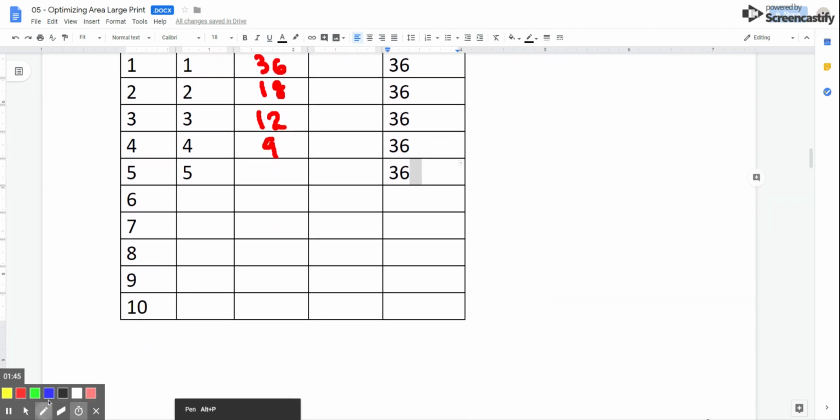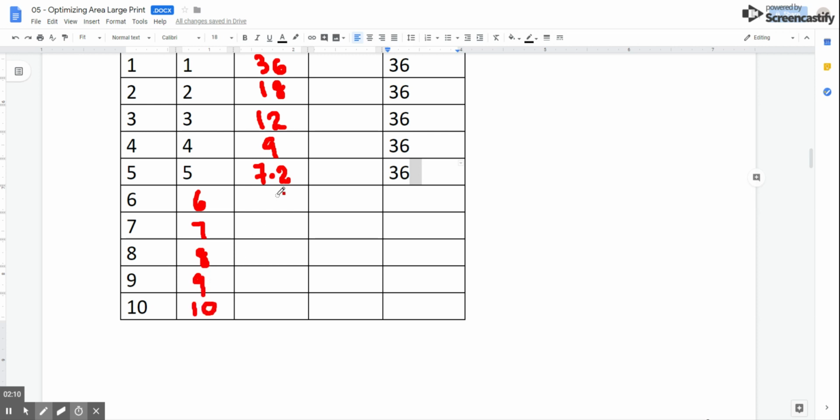So 36 divided by 5 gives me 7.2. So I'm just going to continue 6, 7, 8, 9, 10. 36 divided by 6 gives me 6.